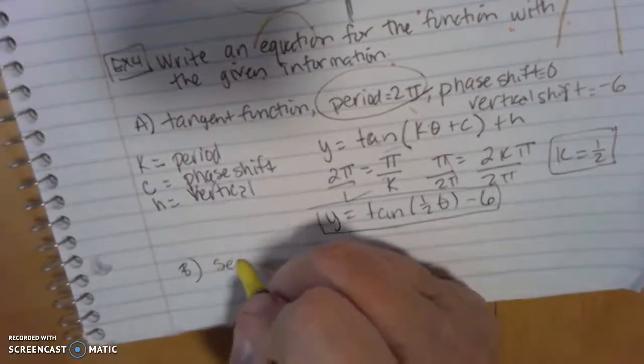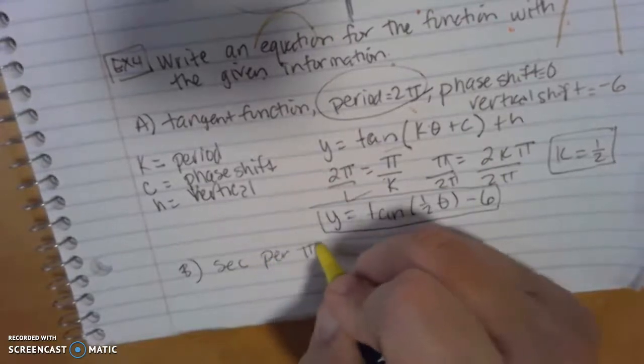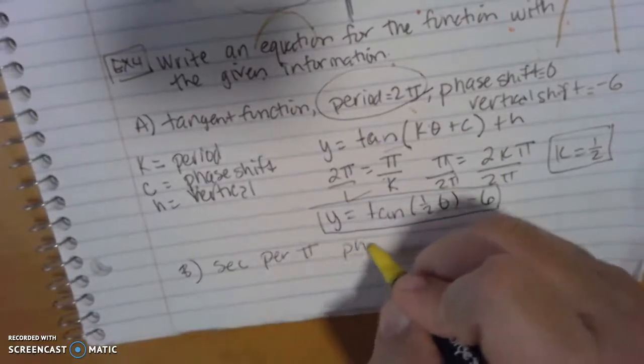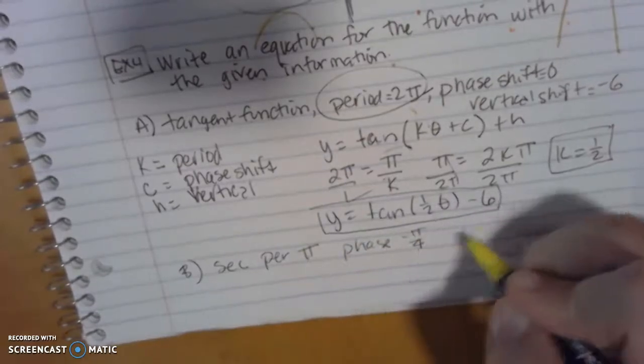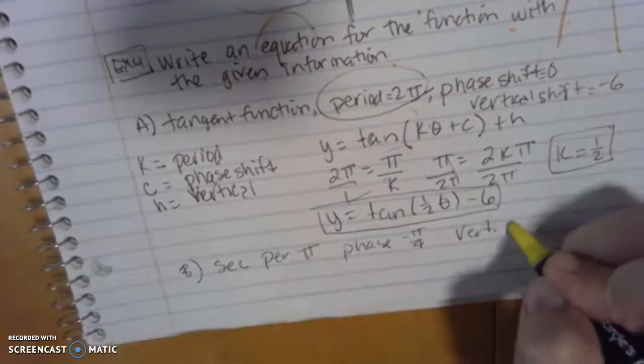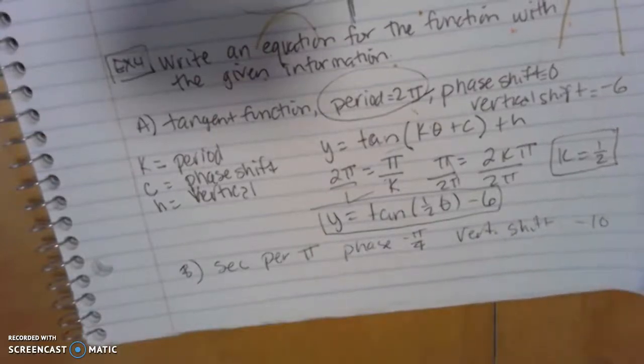What if I give you secant has a period of pi, phase shift of -pi fourths, and a vertical shift of -10.